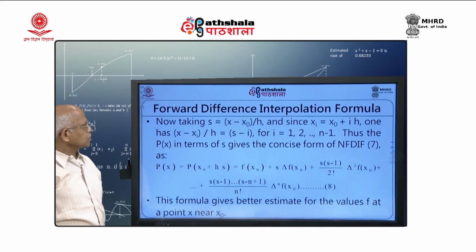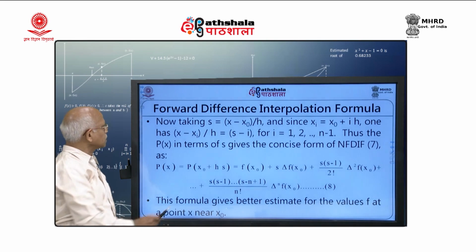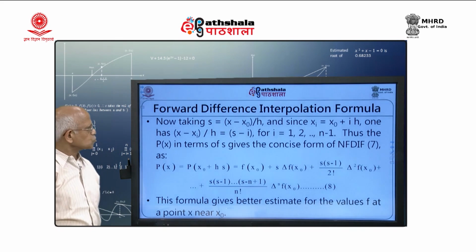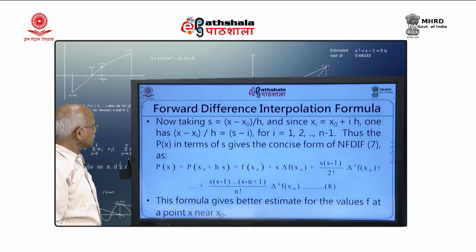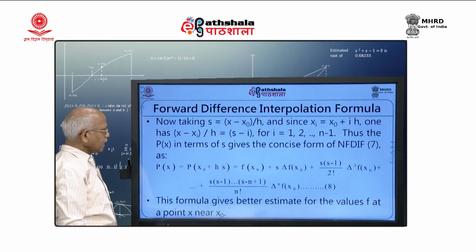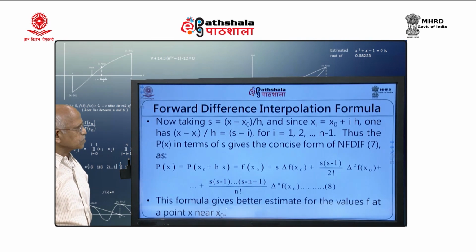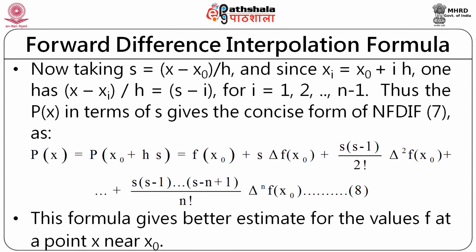And so, for i equal to 1, 2, 3 up to n minus 1, this whole ratio will be represented by just an s minus i factor. Thus, p x in terms of s gives us the concise form of Newton's forward difference interpolation formula 7, and that is p x equal to p of x 0 plus h s, because I am writing now p x in terms of s. So, from here I will get h s plus x 0 as x.